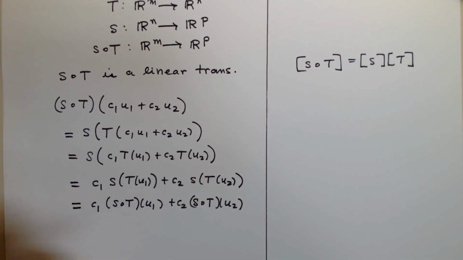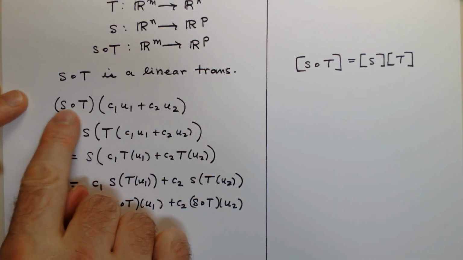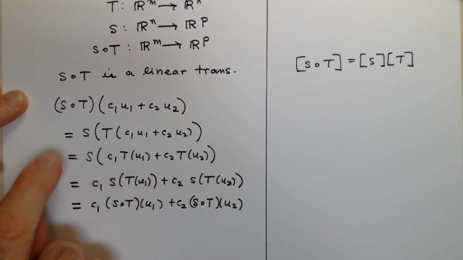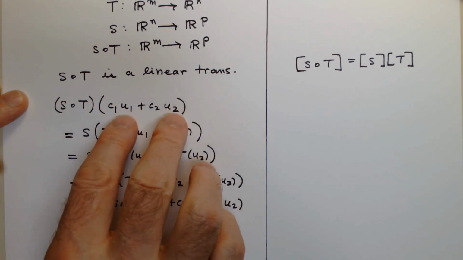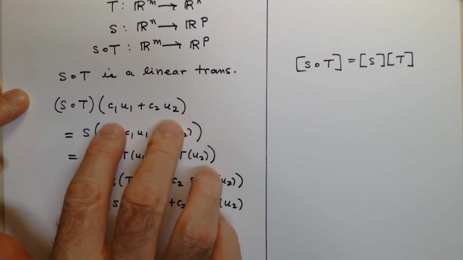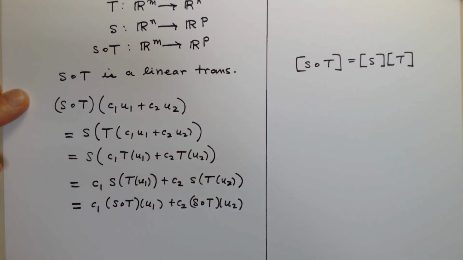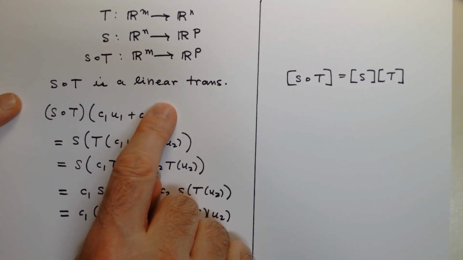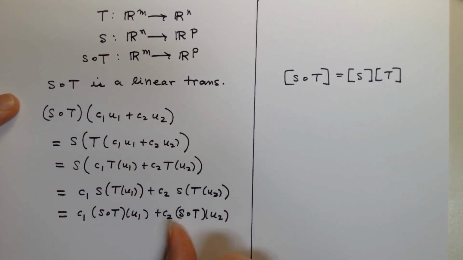If we step back and look at this, thinking of S composed with T as a single transformation, we're showing that S composed with T applied to this linear combination is just a linear combination of S composed with T applied to U1 and S composed with T applied to U2, using exactly the same scalars. And that shows that S composed with T is a linear transformation. It satisfies that defining property.